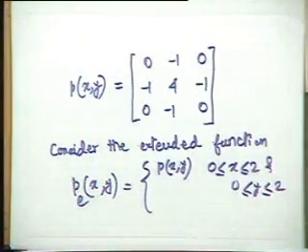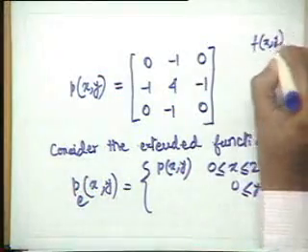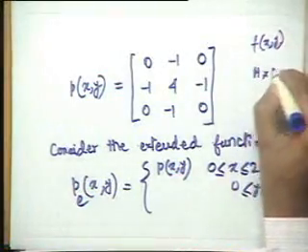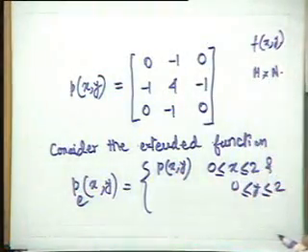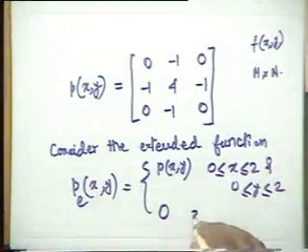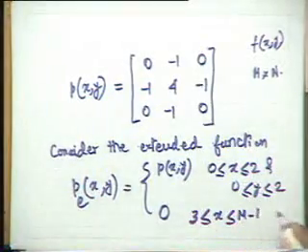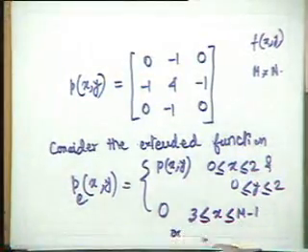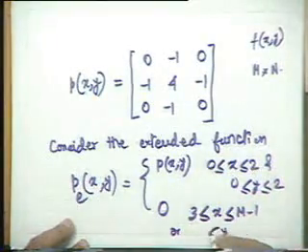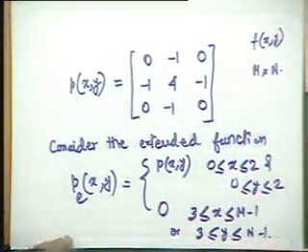Because let us consider that the size of the image f(x,y) is going to be M by N. All right. So we are going to have pe(x,y) equal to 0 for x lying between 3 and M minus 1, or when y lies between 3 and N minus 1.